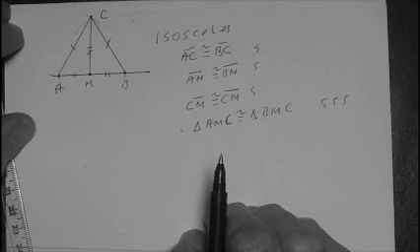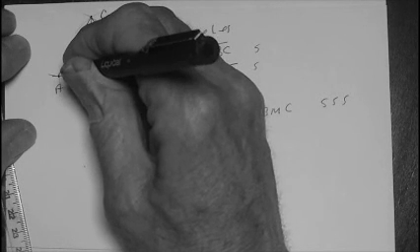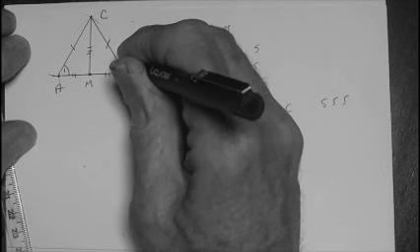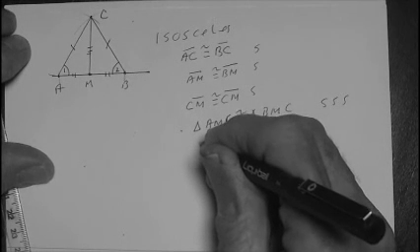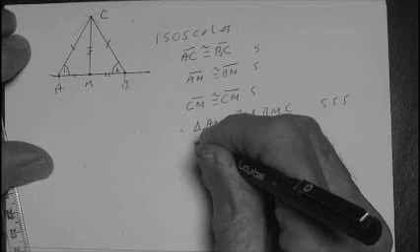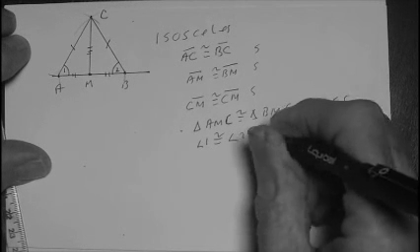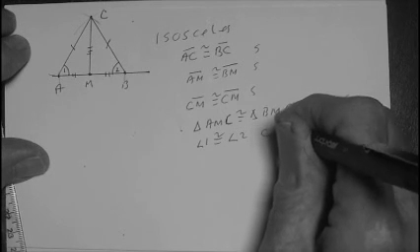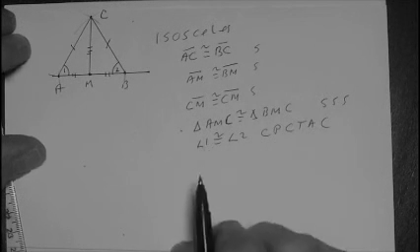That's pretty easy. And guess what? This angle over here and this angle over here are going to be equal to each other, or congruent, because they are corresponding parts of congruent triangles, and they are congruent.